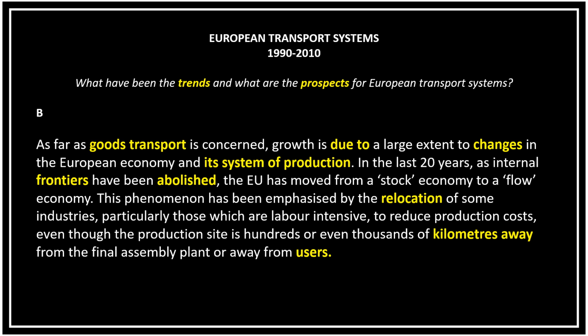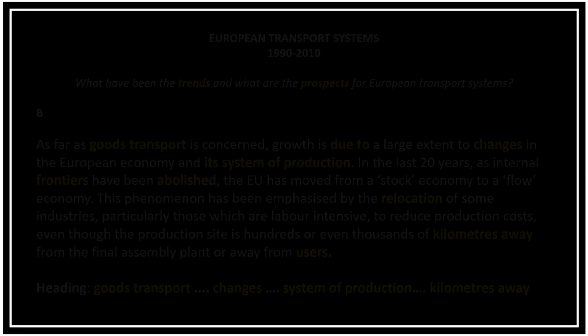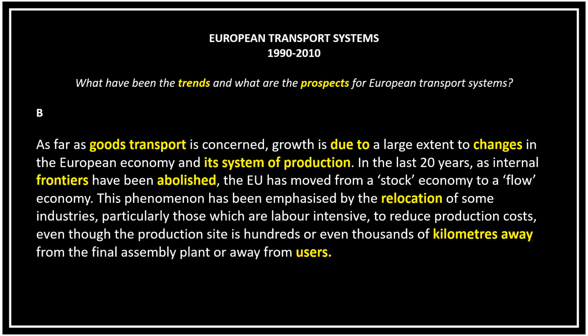There are some changes in the way goods are transported. And at the end, it talks about the relocation of industries and transportation of goods to kilometers away from the users, from the customers.